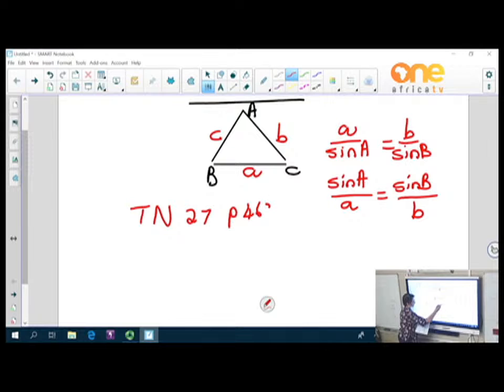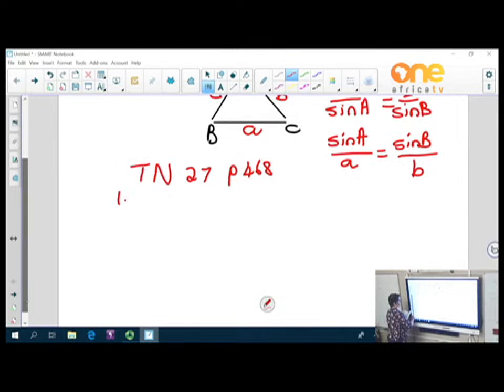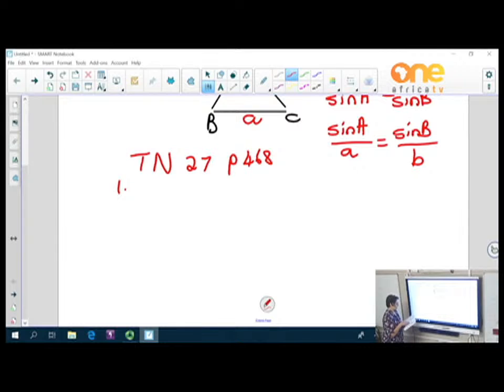Page 468. They haven't drawn the triangles for you, so in the first place we're going to draw them so that we can see what we are talking about here. Now it is triangle LMN, and now they say that angle L is 60 degrees, angle M is 34 degrees, so I've got two angles there.